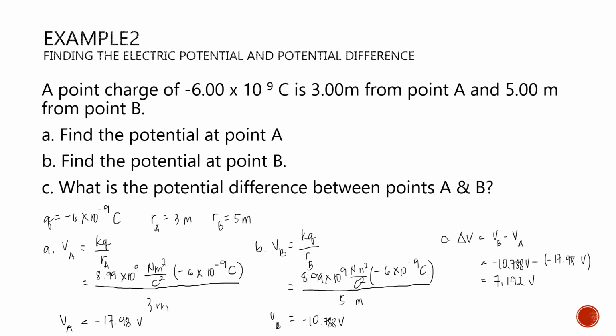So a positive potential difference for a negative charge means that it has moved to a position of higher potential. So it moves farther away and the potential change becomes less negative or becoming positive. Again, this is for a negative charge.